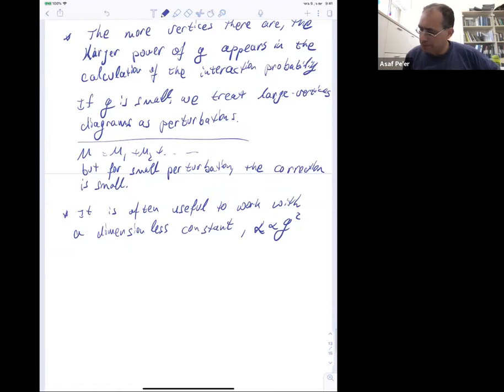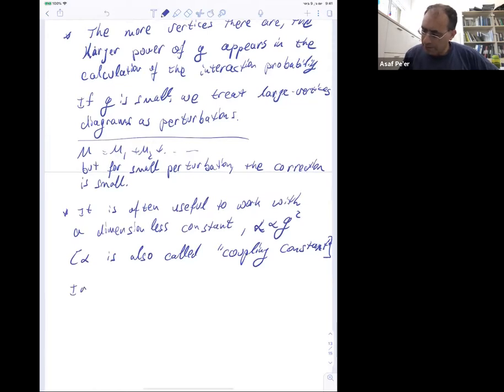So there is a double use of the term. When you hear about coupling constant, that can still mean either G or alpha.